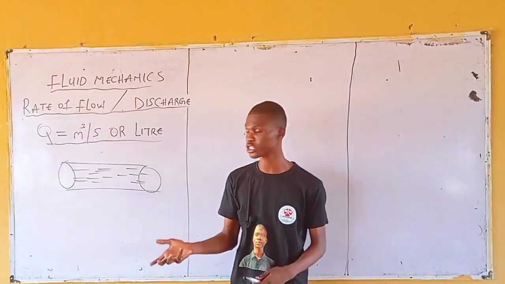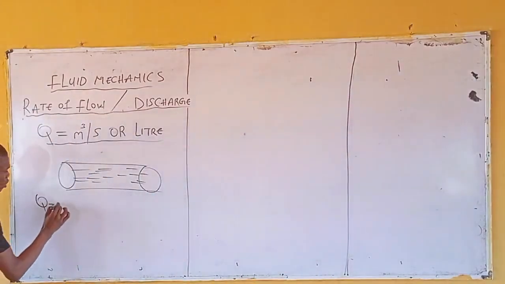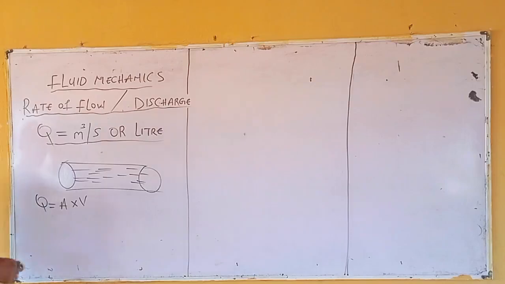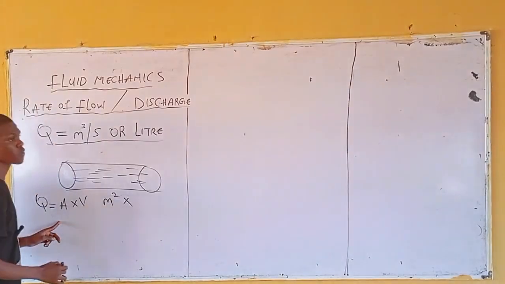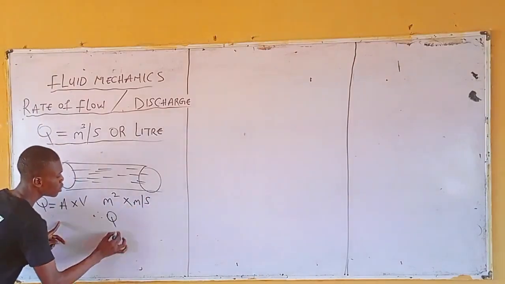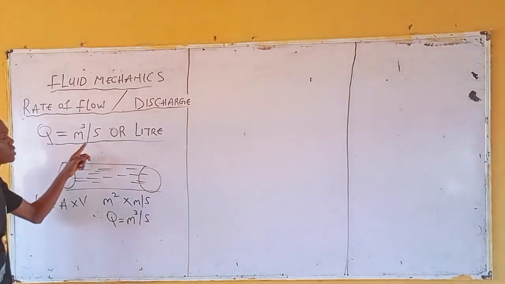The formula for Q, the discharge, is equal to area times velocity. What's the unit for area? Meter square. What's the unit for velocity? Meter per second. Therefore, Q has its unit as meter cube per second.